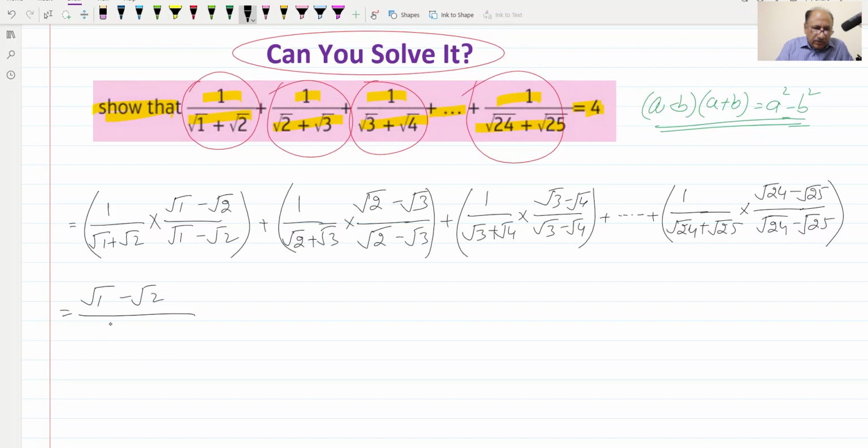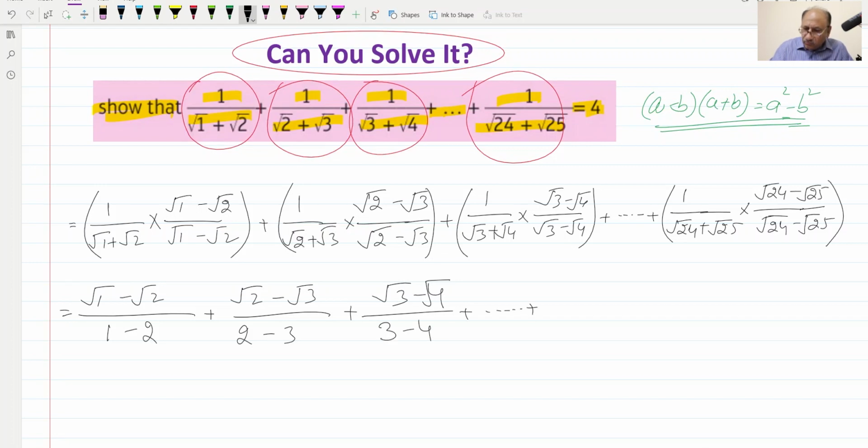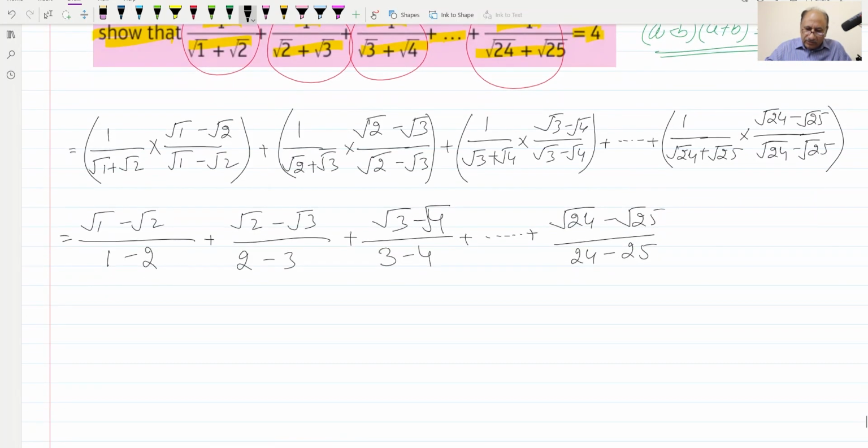So we will get under root 1 minus under root 2 over 1 minus 2. Similarly this will be under root 2 minus under root 3 over 2 minus 3, plus under root 3 minus under root 4 divided by 3 minus 4, and so on, plus under root 24 minus under root 25 divided by 24 minus 25. This will be our next step.